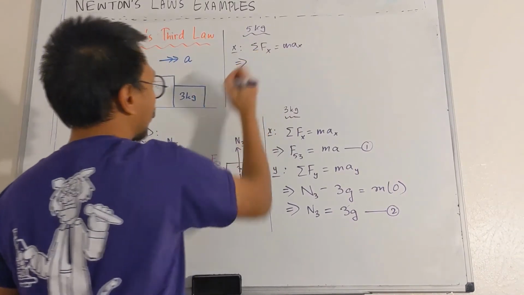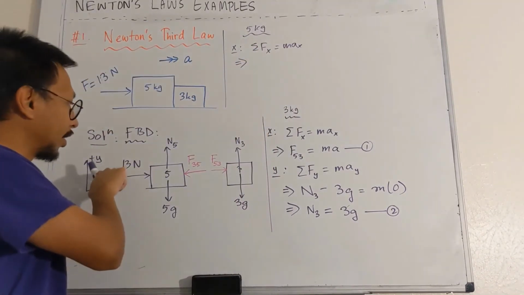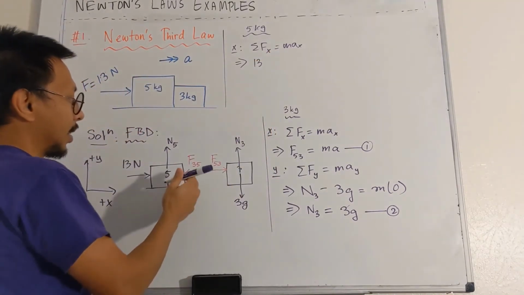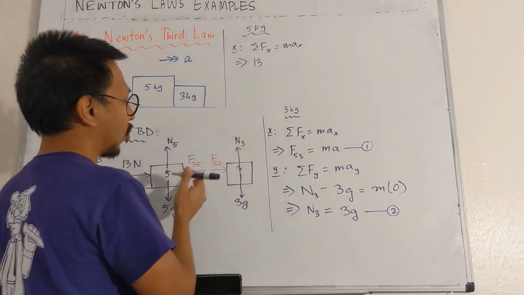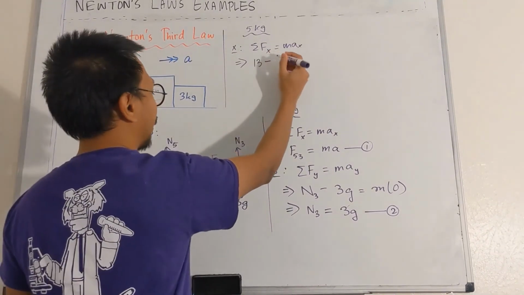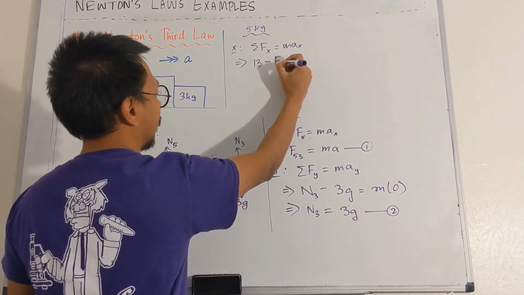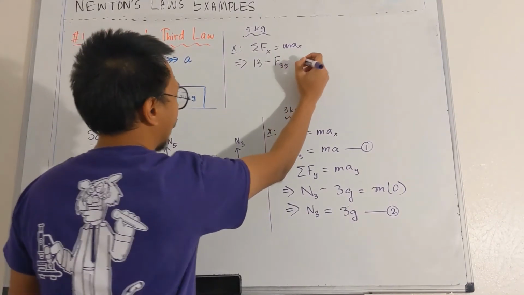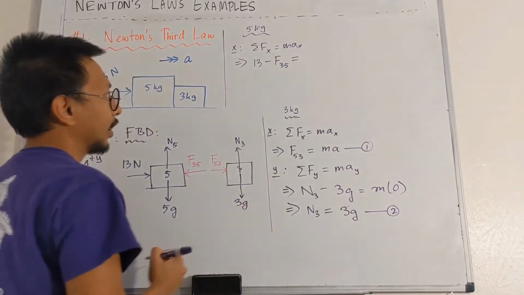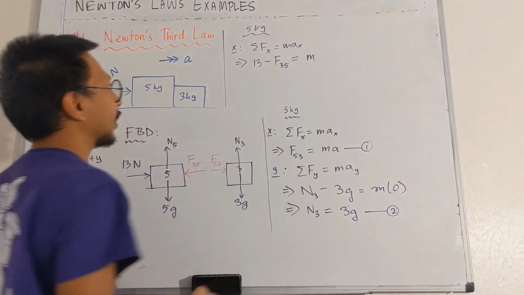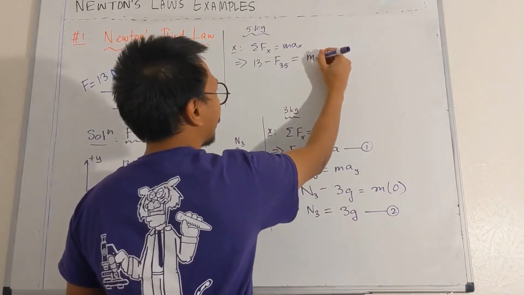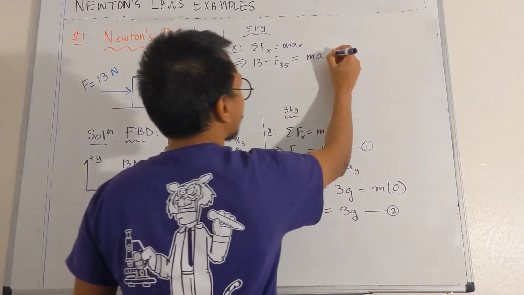The forces on it are 13 newtons in the positive x direction, so positive 13, minus F35, the contact force exerted by 3 on 5, and there are no other forces in the x direction. Remember, we are ignoring friction. This equals m times a. So what is a? It is a in the positive direction, so ma. Let's call this equation 3.